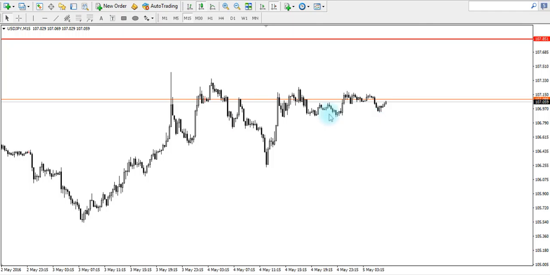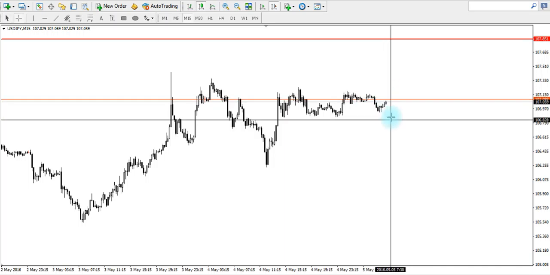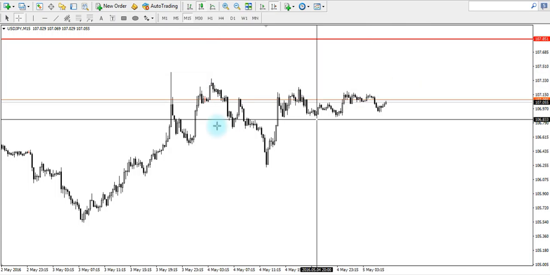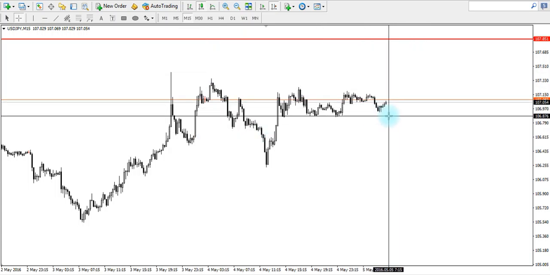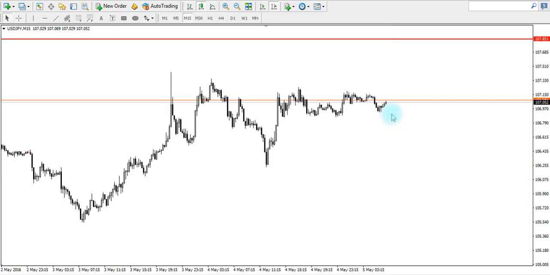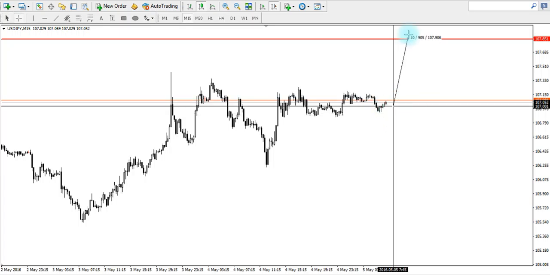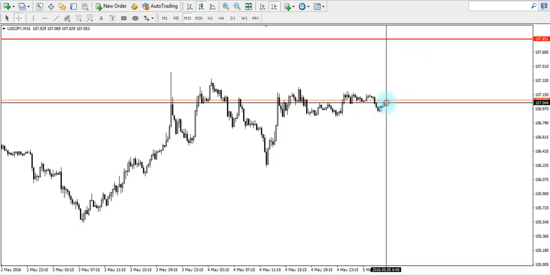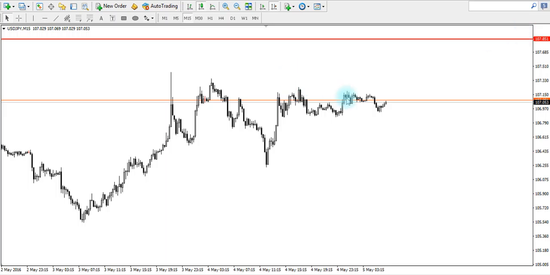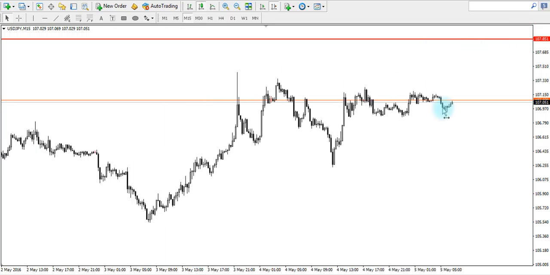So in this scenario, we will be looking for a buy opportunity as the price drops a little bit lower to the lower band of the consolidation, which the current price right now is pretty alright, and to go for the buy all the way towards the key resistance at 107.85. Or if not, we'll just be waiting for the price to appreciate all the way to 107.85 or 83 to go for the sell opportunity.